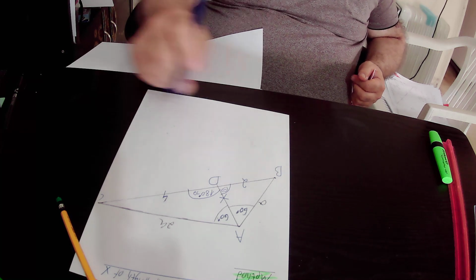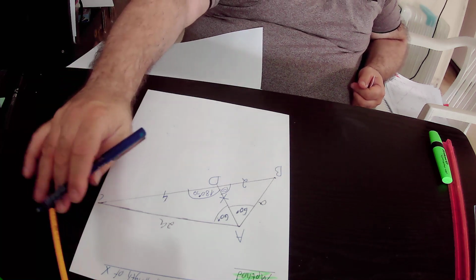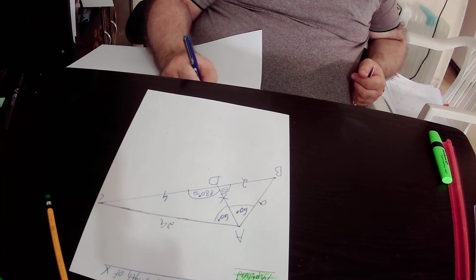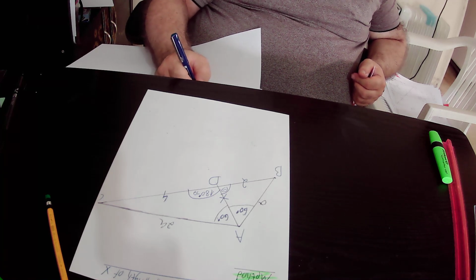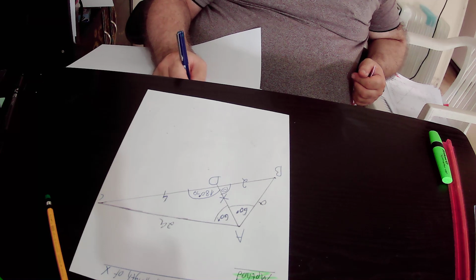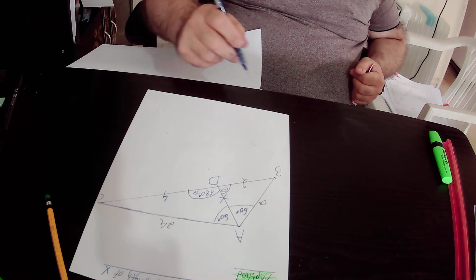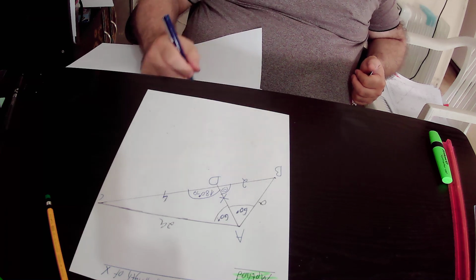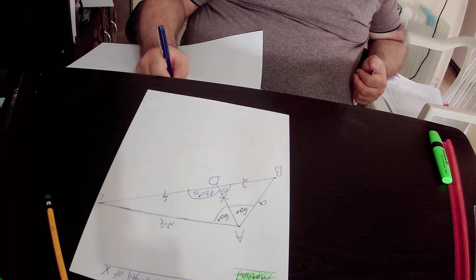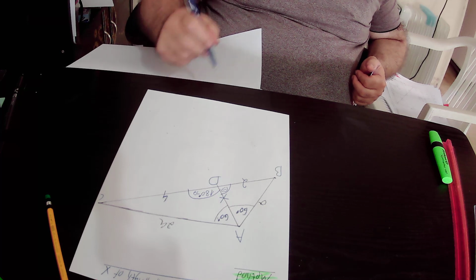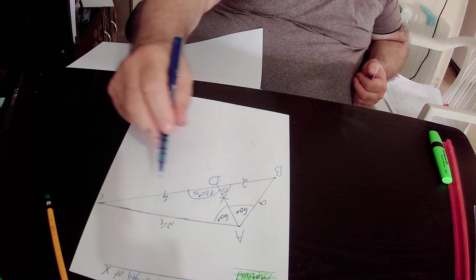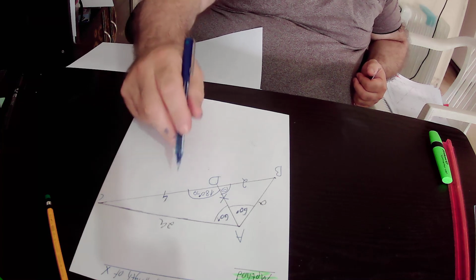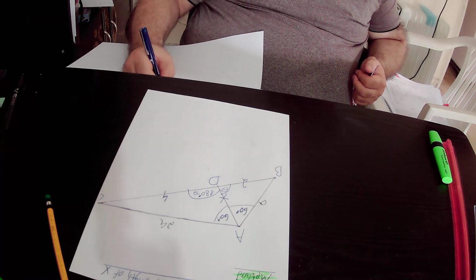cosine 60 degrees plus 60 degrees is 120 degrees. So cosine 120 degrees equals AB square. AB square is A square because AB equals A, plus AC square. AC equals 2A, so AC square is 2A square.